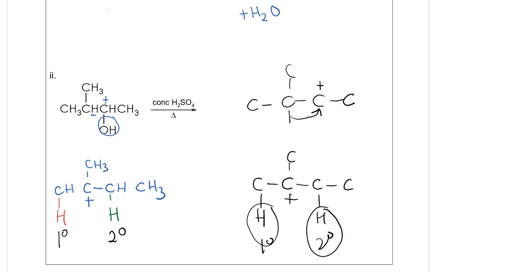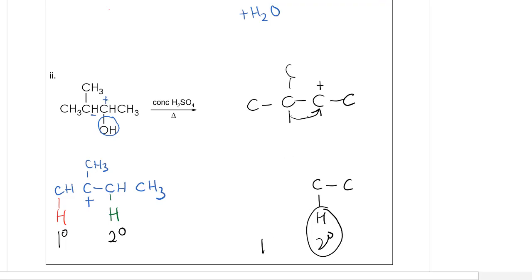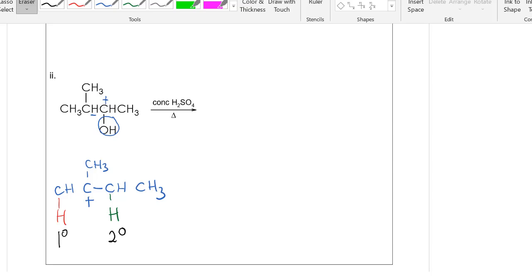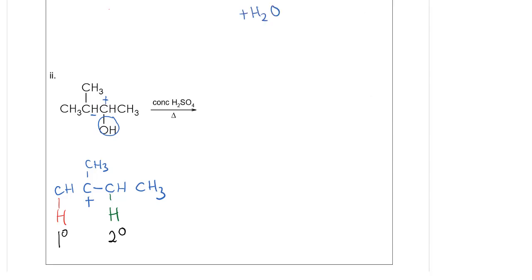Removing primary hydrogen will produce the minor product. So your major product is like this. Your minor product is like this.